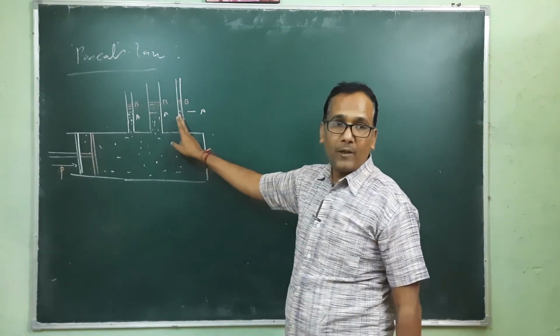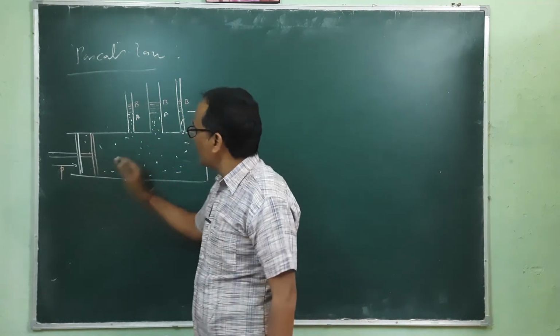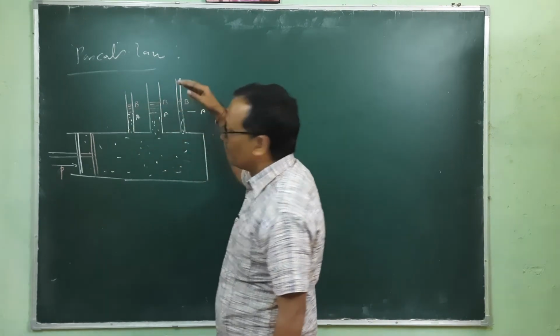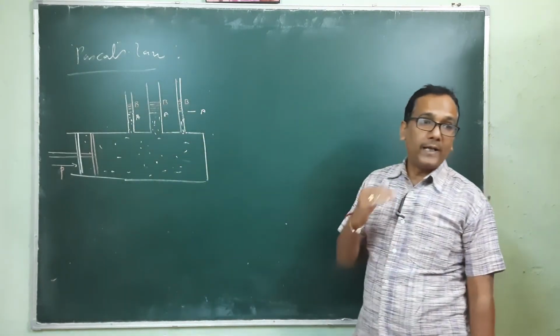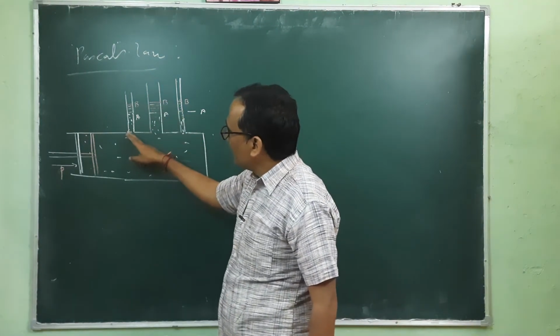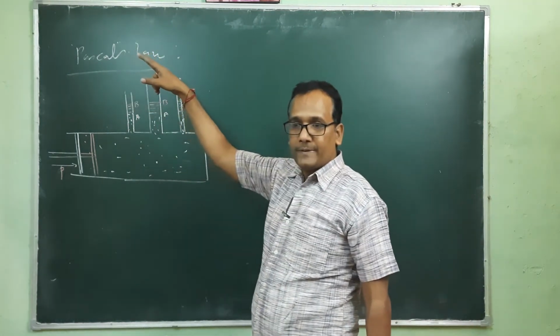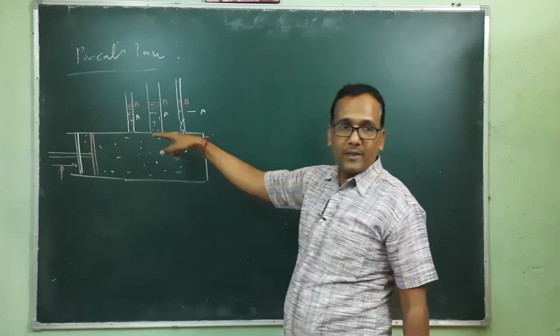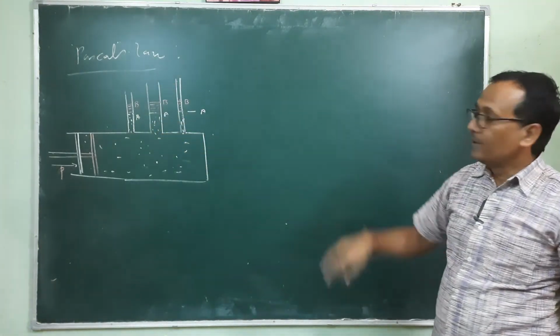And accordingly the total shifting of the liquid will be identical. ऐसा नहीं होगा कि इसका डायमीटर ज़्यादा है तो यहाँ पे शिफ्टिंग कम हो, इसका डायमीटर कम है तो इसमें शिफ्टिंग ज़्यादा हो. This observation is observed by this Pascal.